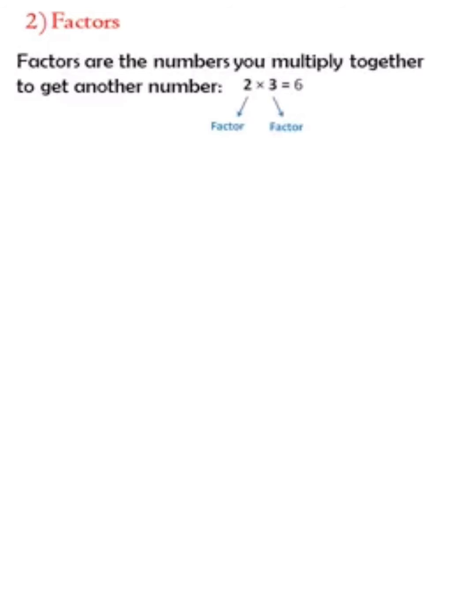What by what gives me 6? 1 by 6 gives me 6. 2 by 3 gives me 6. So factors are the numbers you multiply together to get another number. Factors of 6: 1, 6, 2, and 3.